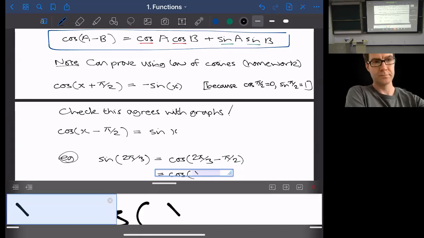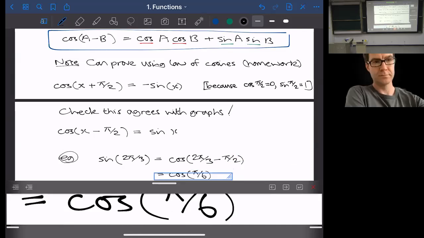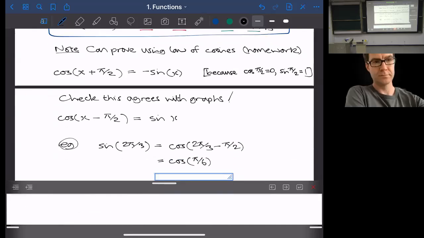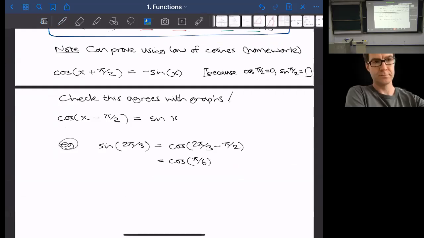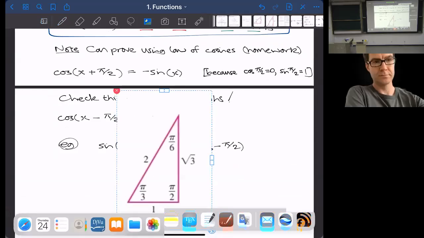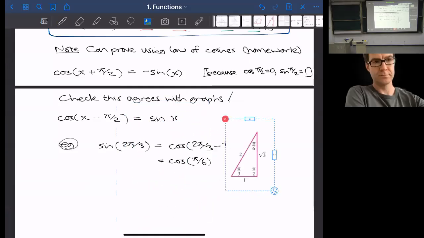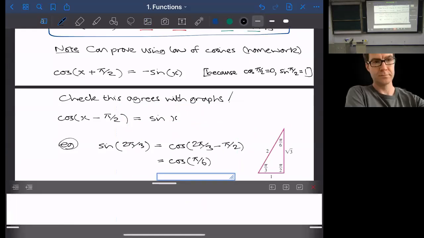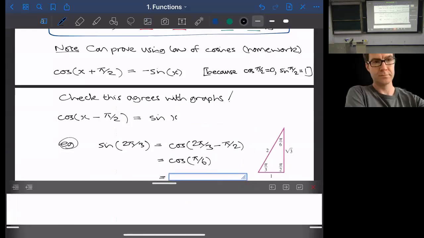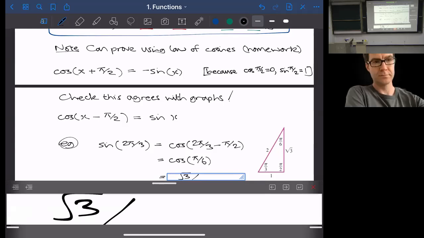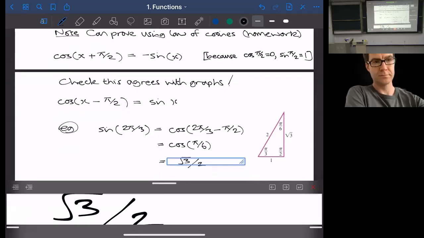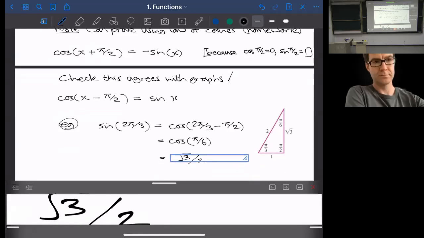And then it becomes something I already know, cos pi over 6 from this triangle. So from that triangle, cos pi over 6 is the square root of 3 over 2.